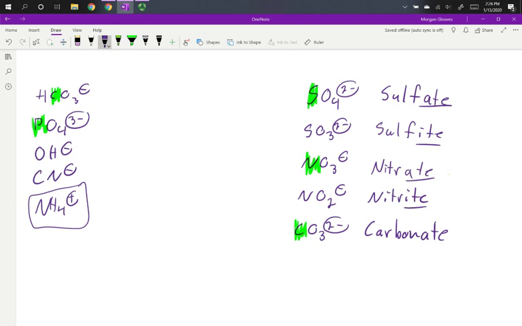So if you only have one version, ate is the default. Ite is only for when things have less. Way over here on the top left, HCO3-, well, our oxygens don't change. So this is still a form of carbonate, but putting one hydrogen on and getting rid of one of your 2 negatives makes this a bicarbonate.